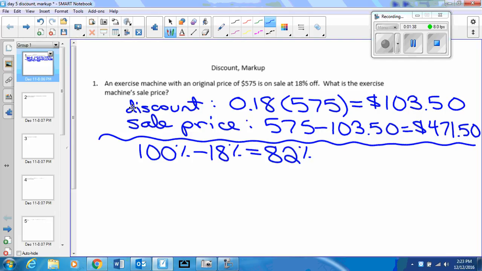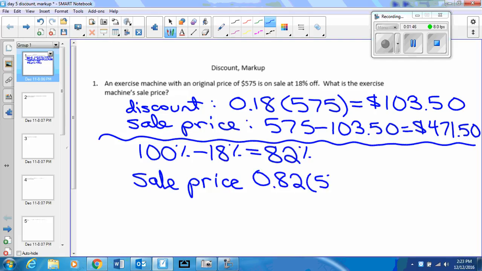So, to find the sale price, we take the amount we have to pay for, 82% as a decimal, and multiply it by the original price, $575. When I do that, I get the same answer I had before, $471.50. It's just a little bit quicker because I took care of the subtraction first instead of subtracting second.